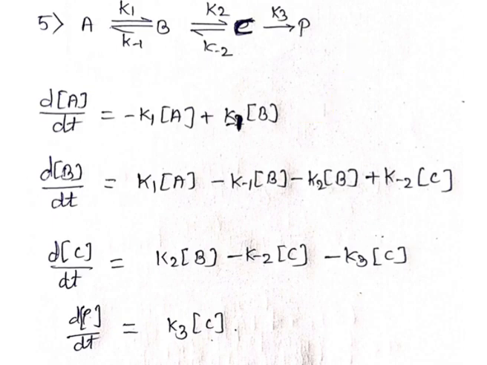Same way you can note down dB by dt. So dB by dt is equal to, with rate K1 it is formed from species A. So formation rate is positive.